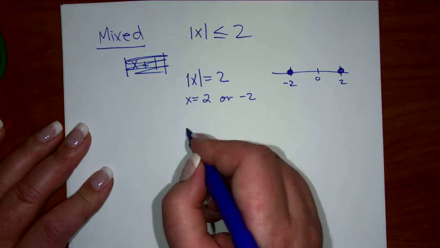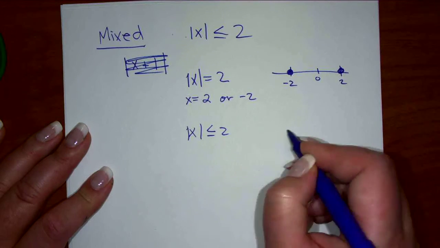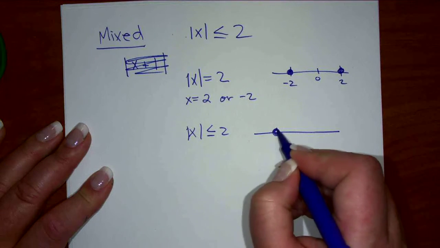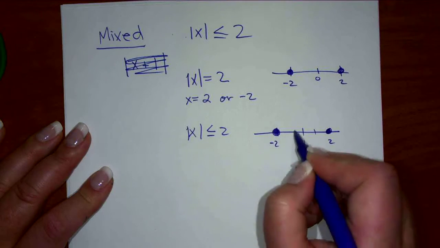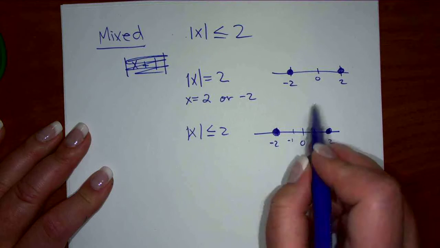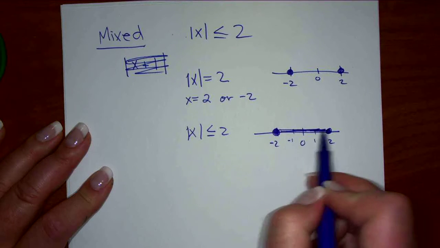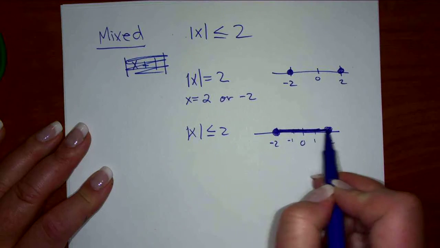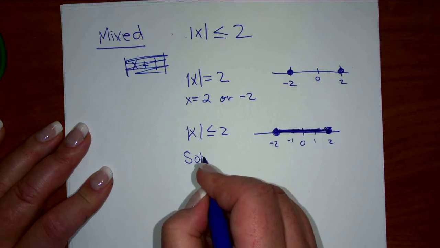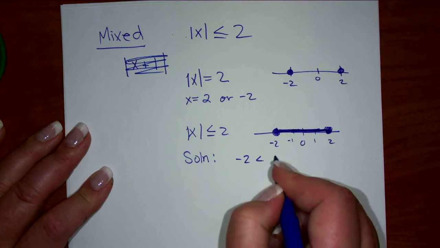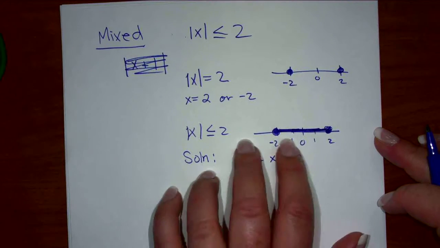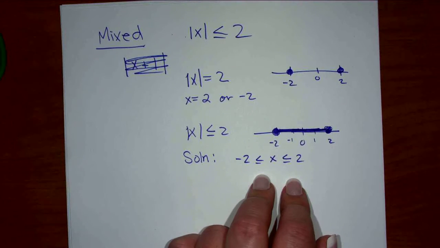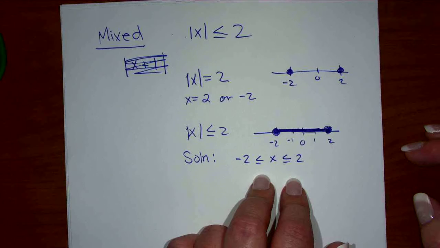So when we say that x is less than or equal to 2, what we're talking about is between. So the solution is that any x between negative 2 and 2 will work. Does that make sense? So the distance is less than 2 away.